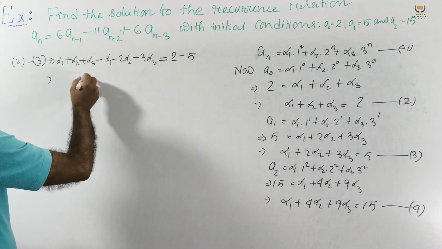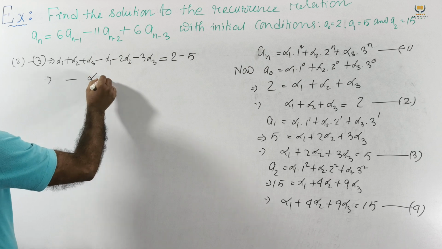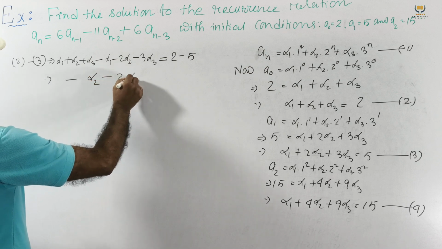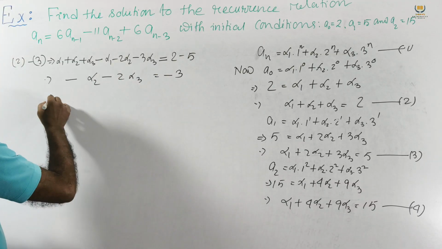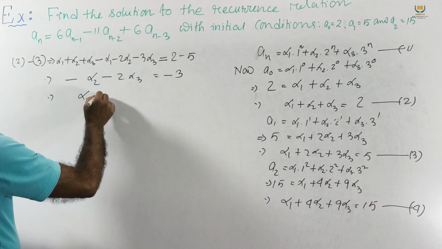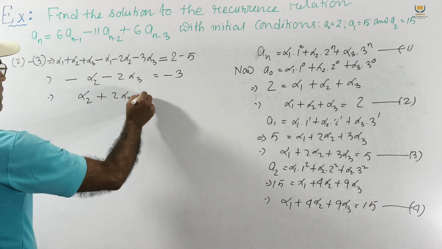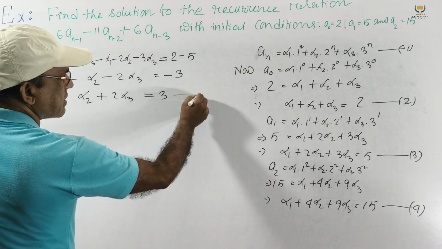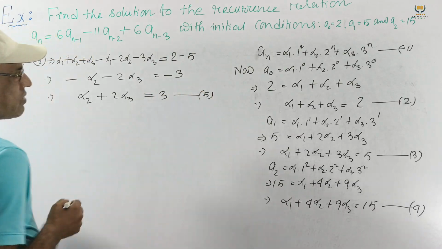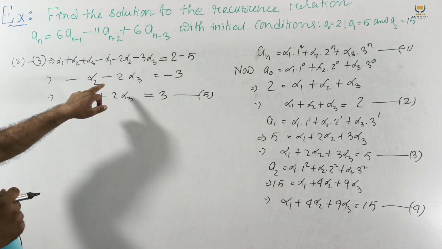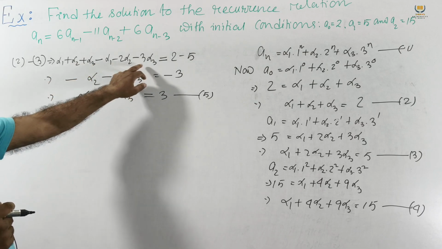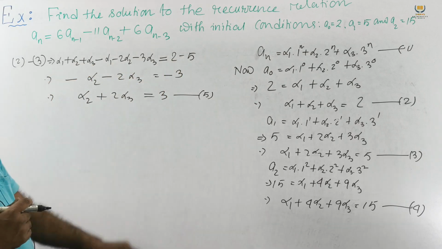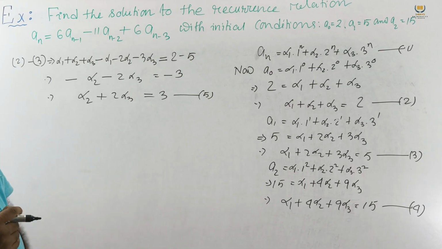Alpha 1 cancels, and we get minus alpha 2 minus 2 alpha 3 equal to minus 3. Multiplying by minus, alpha 2 plus 2 alpha 3 equal to 3. This is number 5 we consider.